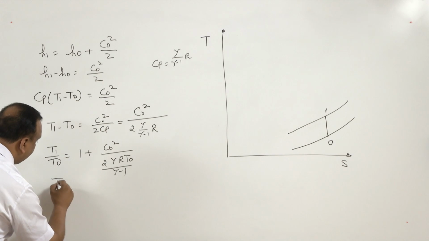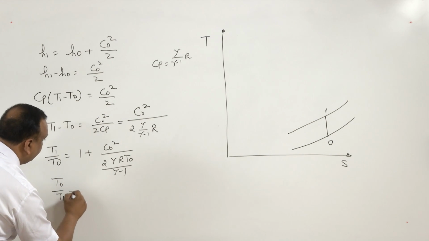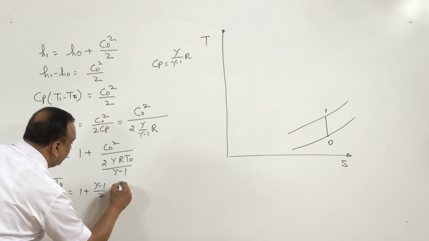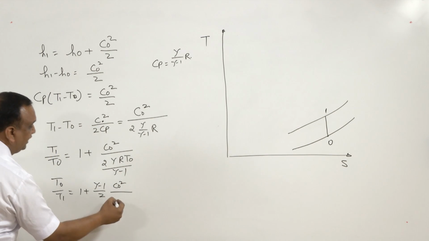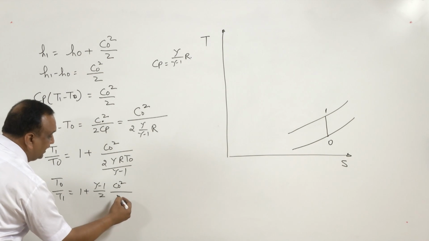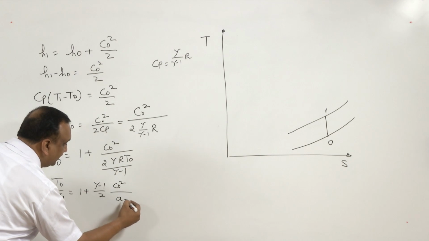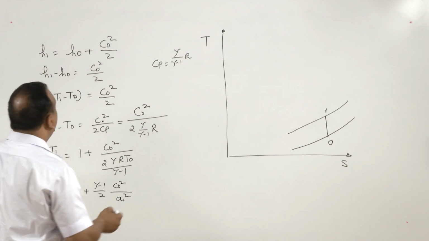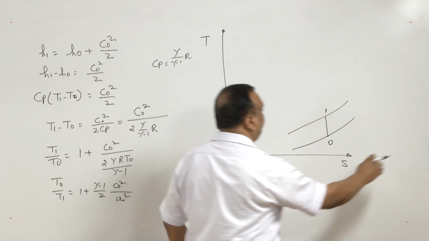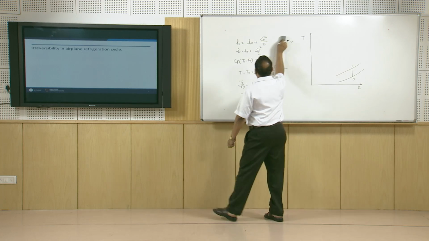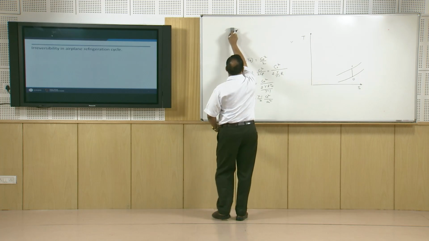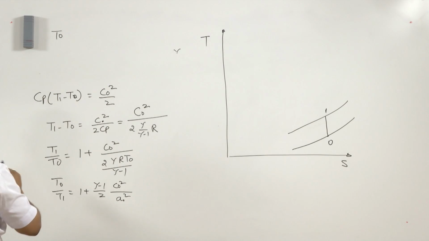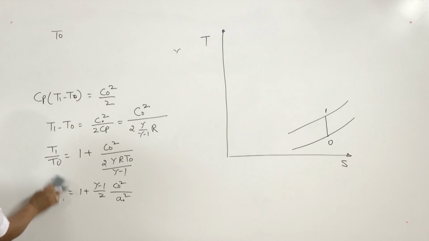And then T1 by T0 is equal to 1 plus gamma minus 1 by 2 C0 square over gamma R T0, and this gamma R T can always be taken as the sonic velocity at this particular temperature, and this ratio will give you the Mach number.